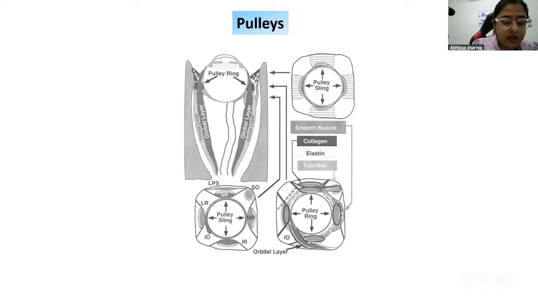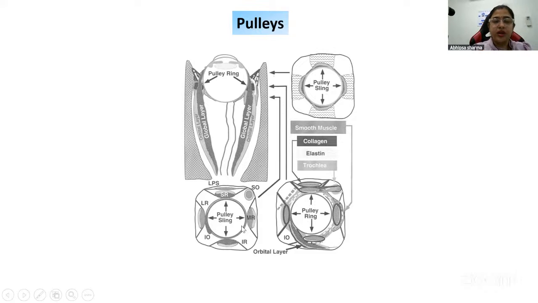So the inferior rectus and the inferior oblique pulley, they make a ligament-like structure here, which is known as the Lockwood ligament. These basically form either rings around the muscles or pulley slings.